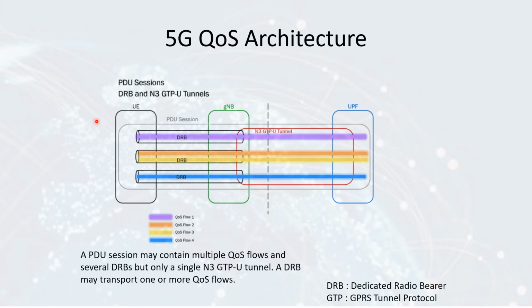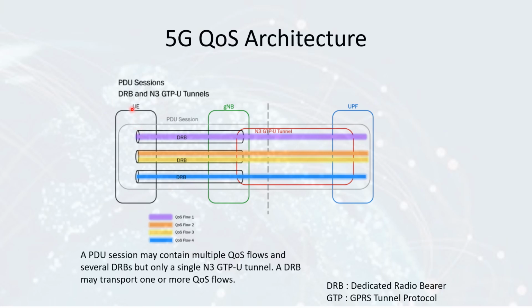As I explained, this diagram shows one PDU session. The outer rectangular box represents one PDU session between the UE, gNodeB and UPF. Within the PDU session, you can see there are many data radio bearers.